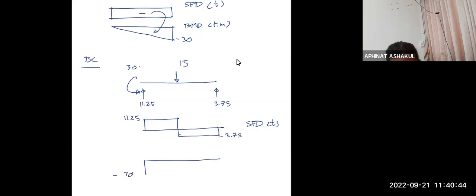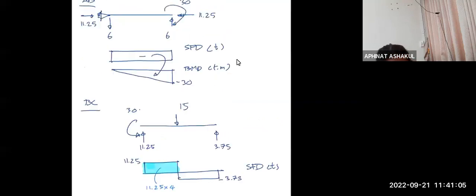And now we're going to use the area. This positive area is 11.25 multiplied by 4, right? Let me go back.